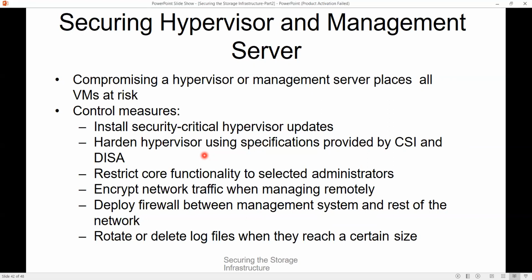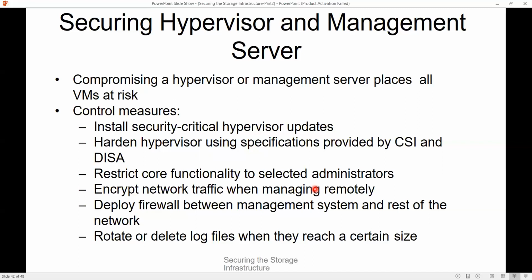These are the basics that you already know: restricting core functionality to selected administrators, right? Next, we can encrypt network traffic when managing remotely, because there is always a threat when we are using any network traffic across remote.